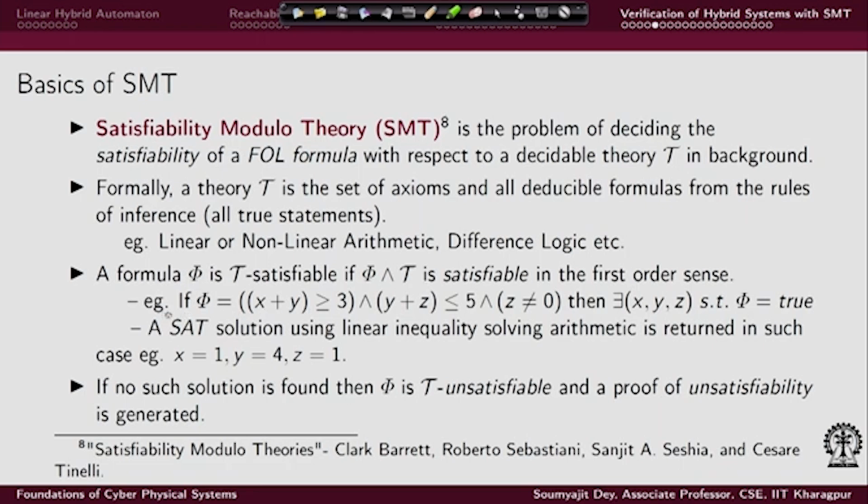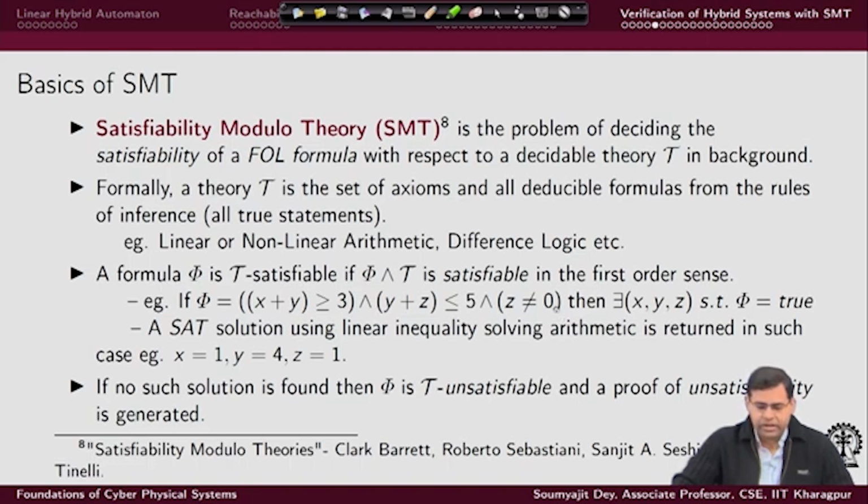So, let us say you have this formula like this. You have x and y, two variables, let us say these are integer variables, okay, and you have this constraint ANDed with this constraint and another constraint. Then the question is, does there exist a value assignment of x, y and z integers so that this is true?